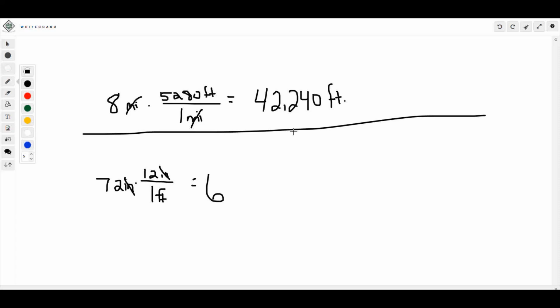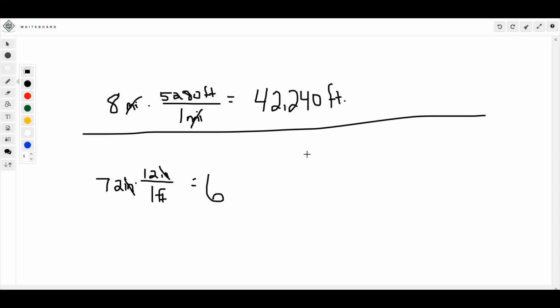Here's another example they've done. Convert 42,240 feet into miles. Okay, so 42,240 feet times 1 mile over 5,280 feet. Mark out feet and feet. You're left with 42,240 times 1 mile over 5,280.